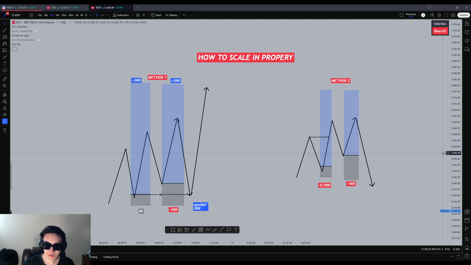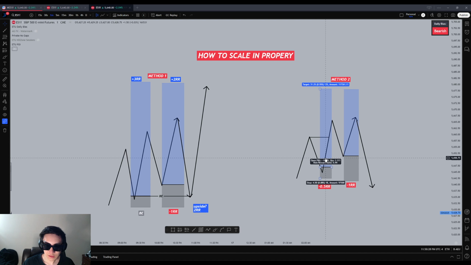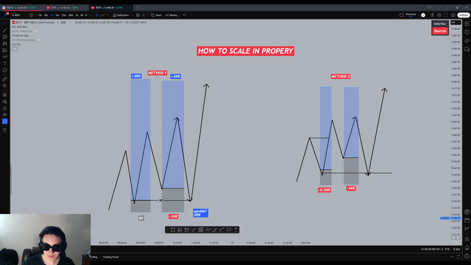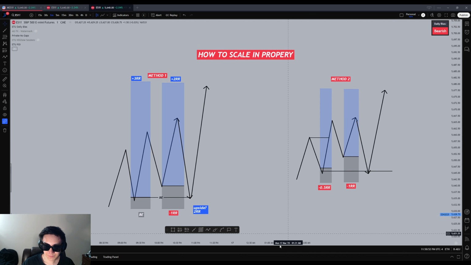But if you were to trade method number 2, if price goes to your break even area and then continues in your direction like this, and when I say break even here, I mean the same exact trade that hits this area here, where you would have break even. But for method number 2, because you don't have the entire risk of 1 risk reward on your first trade, you could technically risk this like this and not go break even for method number 2.